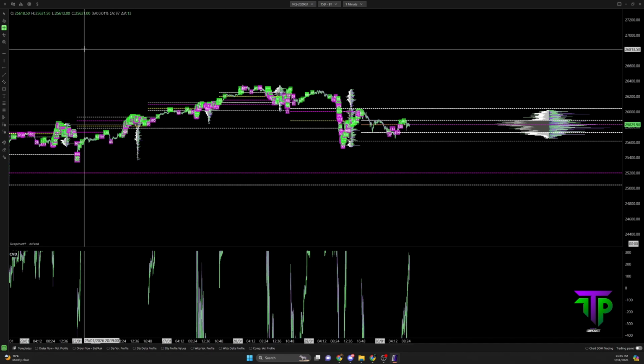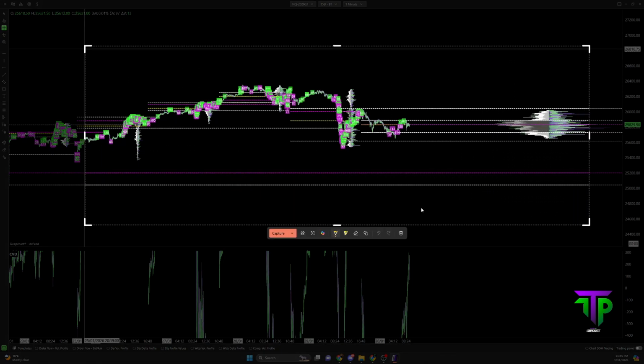What does this mean? The untested point of control is a good area for a bounce, and so is this untested value area low, and so is this one over here, right? By using order flow and big trades, and with the assistance of CVD, we can have more confluences.